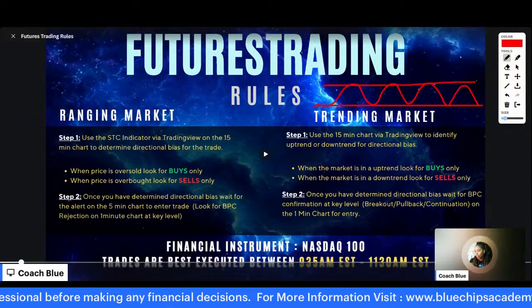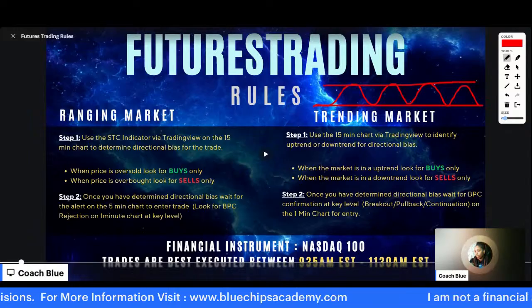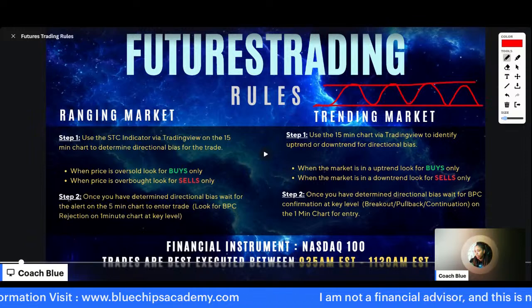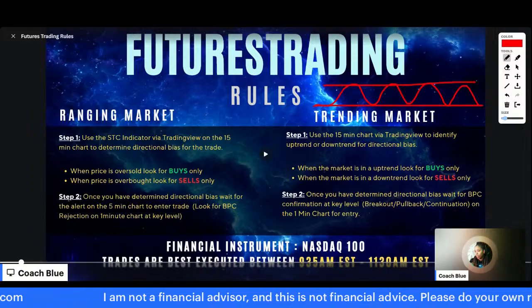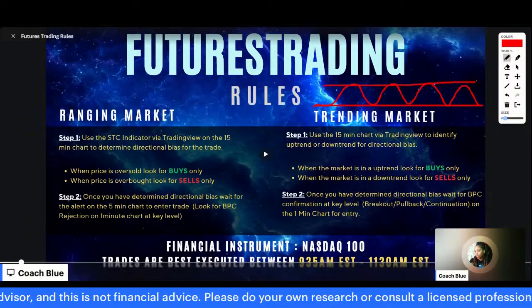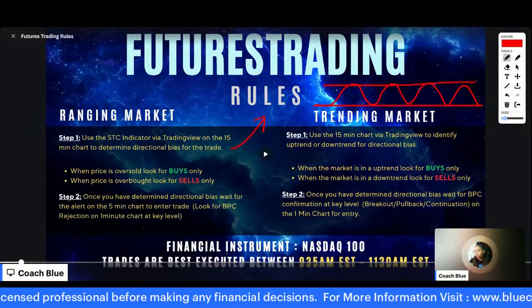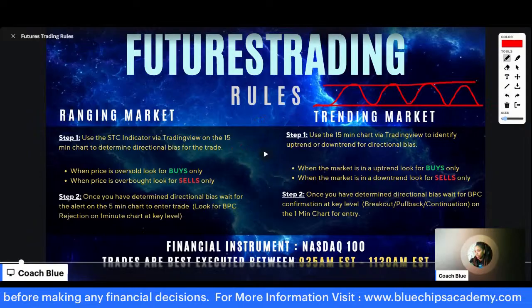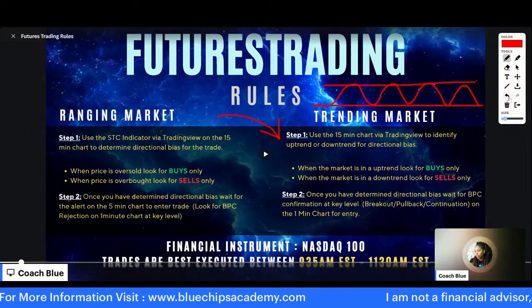When you're looking at ranges, you want to be conscious of a couple of things, and I'm going to break down all of these market conditions on the actual chart so you can see it. But you want to recognize that if you're at the bottom of a roller coaster, the next reaction is for it to move up. If you're at the top of a roller coaster, the next thing you want is for it to move down.